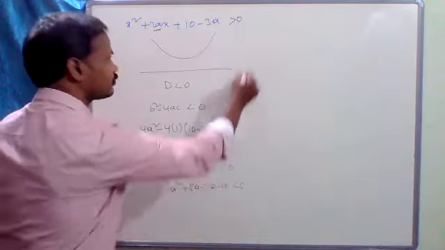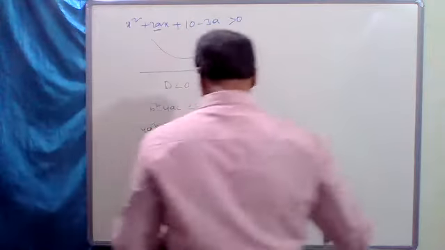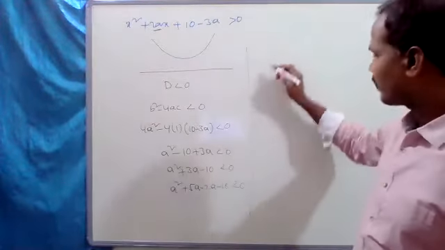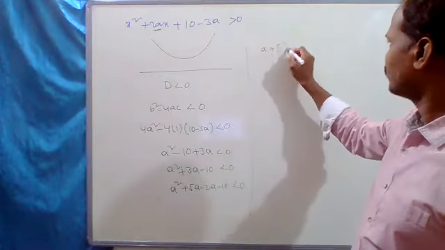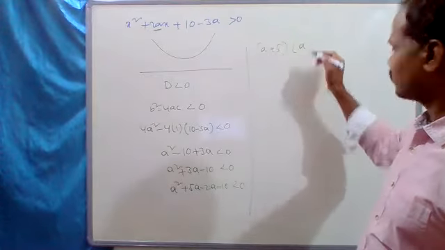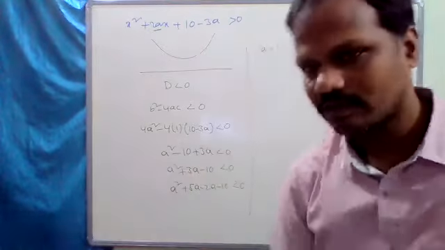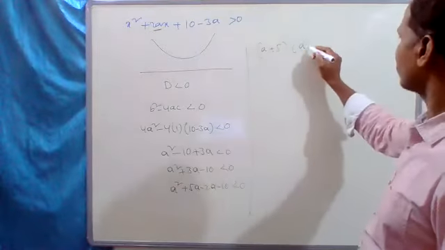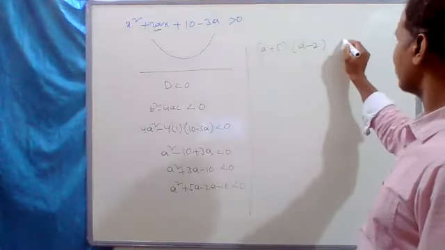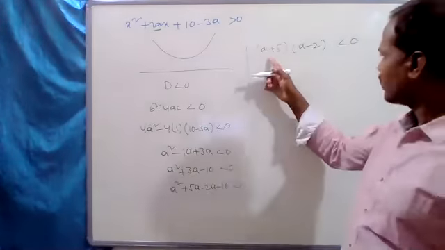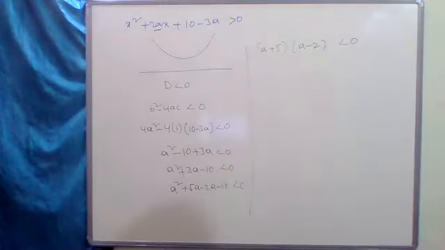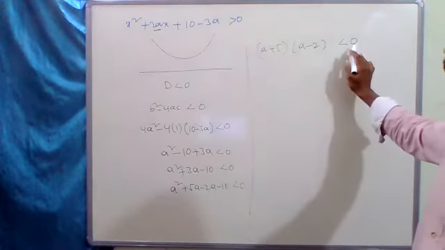So you will get A plus 5 into A minus 2 is less than 0. Is it clear?